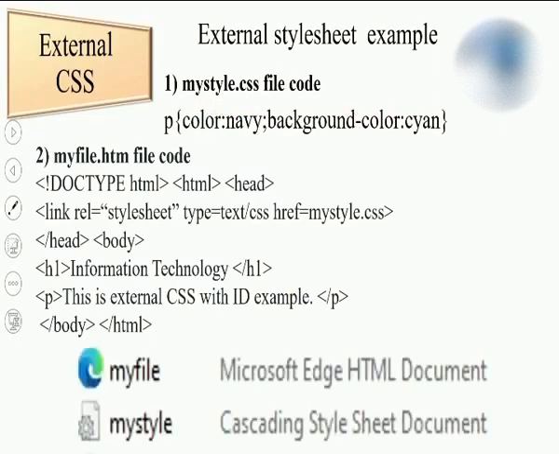So here this external CSS example will get this navy color and background color cyan like this. Students, these are the icons which I want to show to you. If you save these two files, the first file has the Microsoft Edge browser icon, because I have the Edge browser. Your icon might be an Internet Explorer icon or a Chrome icon here. So this is my Edge document which is myfile.html.